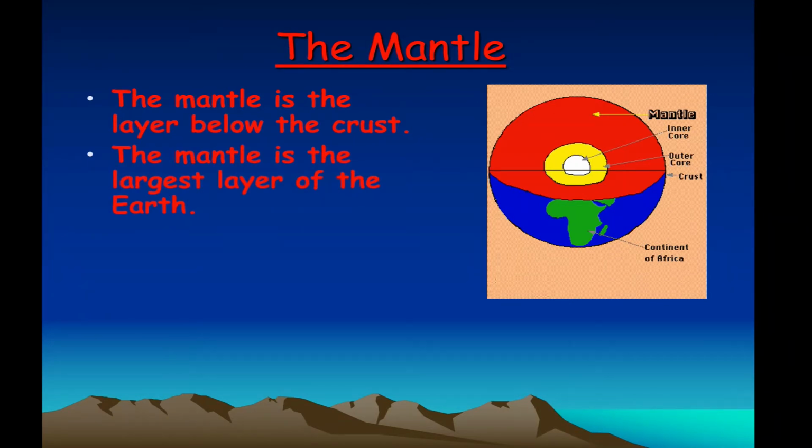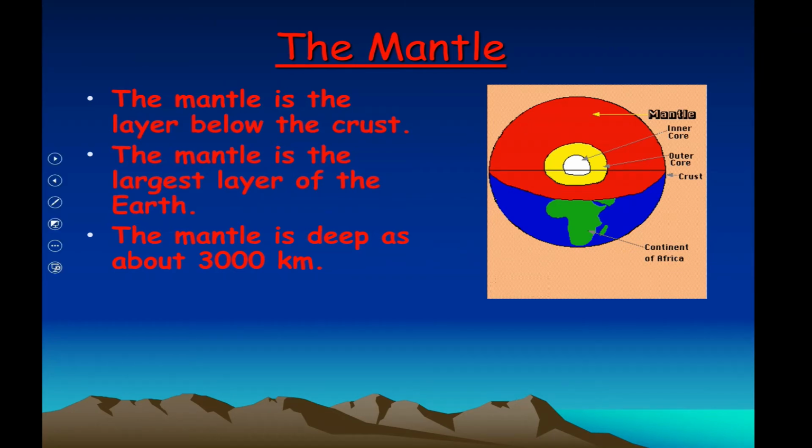As we know, mantle means something which covers another part. So the mantle covers the core of the Earth. The mantle is the largest layer of Earth, the deepest, the thickest layer. The mantle is about 3,000 kilometers deep. As we remember, we said the crust is about 5 to 70 kilometers, but the mantle is about 3,000 kilometers.